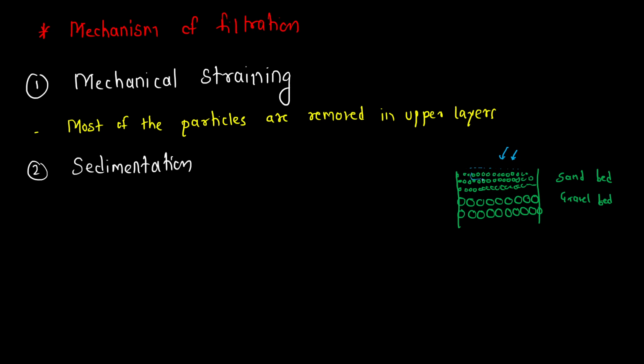It travels in the pores as per the required direction. If you watch closely, this water will keep on flowing with very low velocity in these pores for a great amount of time. So when the water is flowing with a very low velocity, there is settlement of the particles which are present in water.